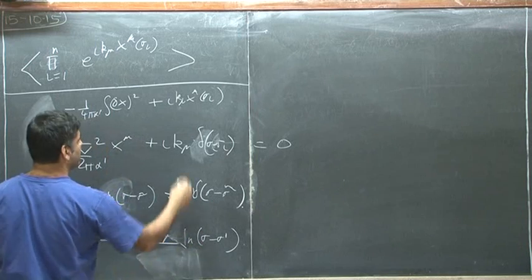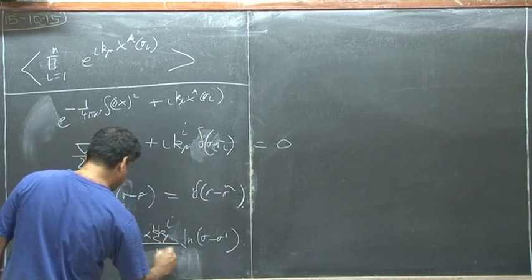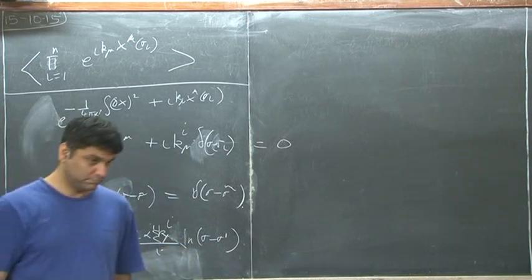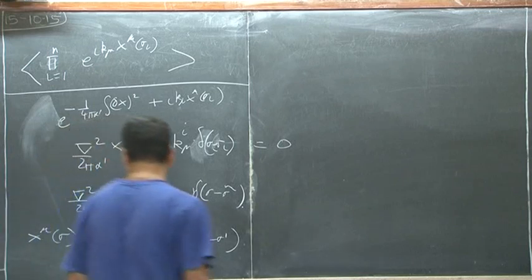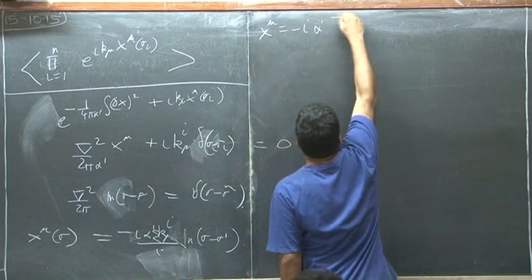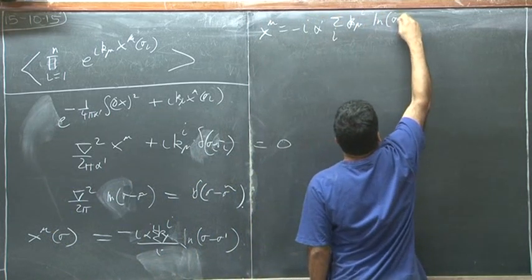So this should probably be k_mu. Is this clear? I'm writing it again more clearly. X^mu is equal to minus i alpha prime sum over i of k^mu_i log of sigma minus sigma_i.